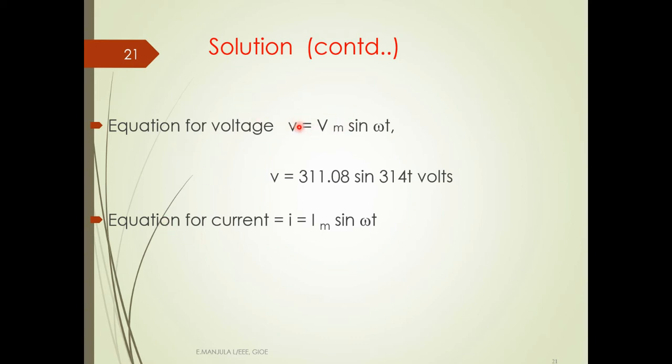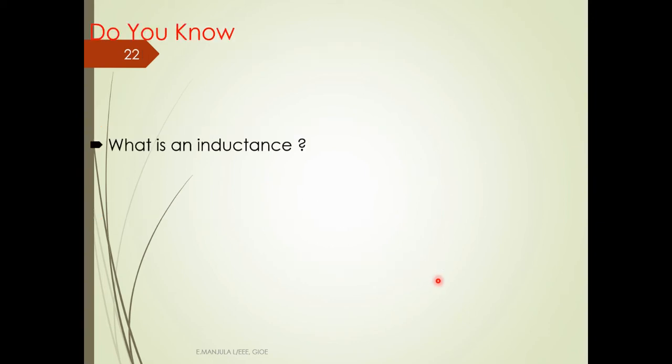Equation of the voltage, instantaneous value v is equal to V maximum sin omega t, which is 311.08 sin 314t volts. Likewise, the current equation is i is equal to I maximum sin omega t, where I maximum value is 10.32. Directly we can substitute, so i is equal to 10.32 sin 314t amps.